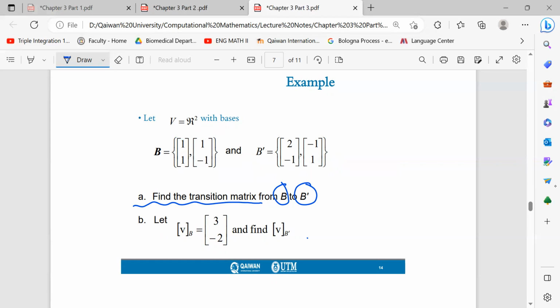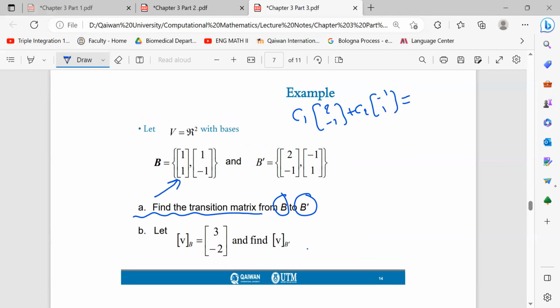Let's say C1 times (2, -1) plus C2 times (-1, 1) is equal to the first vector, (1, 1). Then for the second vector we do the same, using D1, D2: D1 times (2, -1) plus D2 times (-1, 1) is equal to (1, -1).